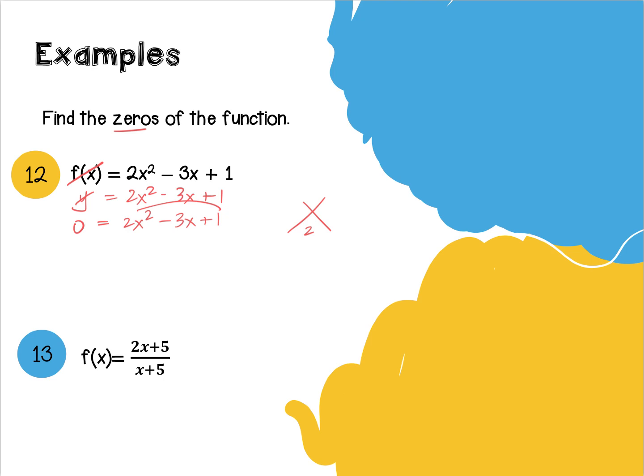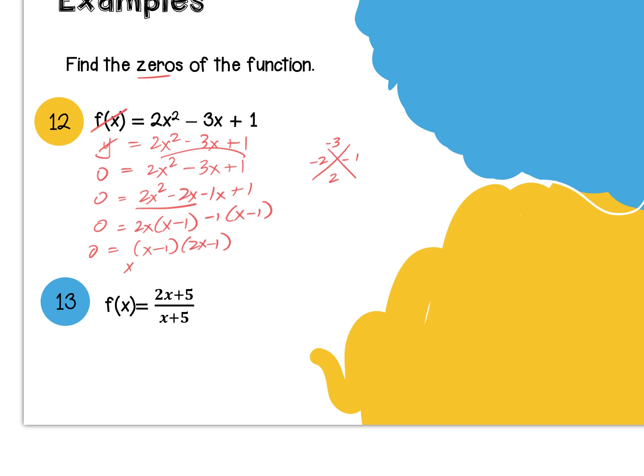So the product is 2, the sum is negative 3, minus 2, minus 1. So we get here 2x squared minus 2x minus 1x plus 1. Factor by grouping, right? 2x, x minus 1, minus 1, x minus 1. And we get our factors are x minus 1 and 2x minus 1.